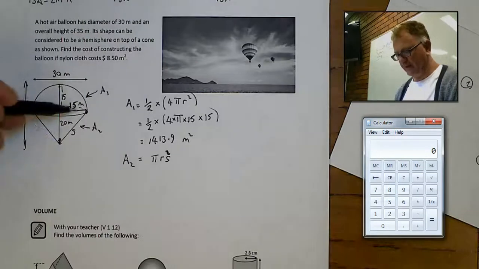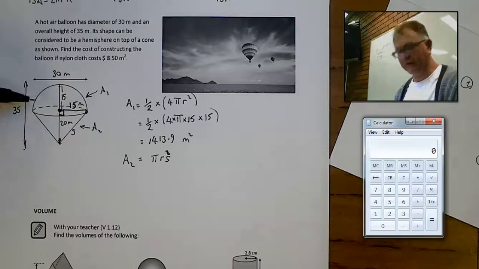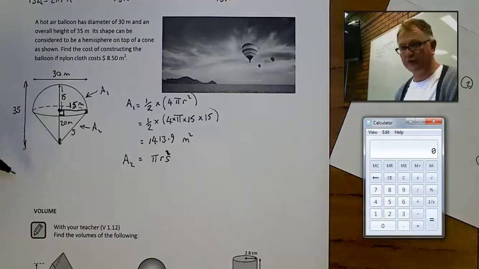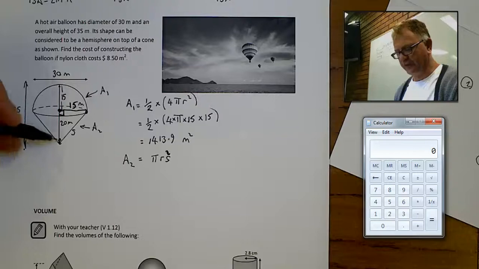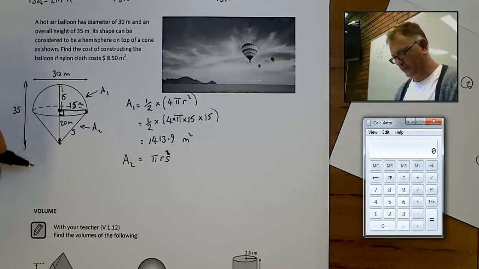Now I'm looking at this triangle here. It's a right-angled triangle, and I think you know how to find out the third side of a right-angled triangle. Can you remember? Maybe grade 8 or grade 9 we did Pythagoras' theorem, and you used it to find the third side of a right-angled triangle. We could use it here.